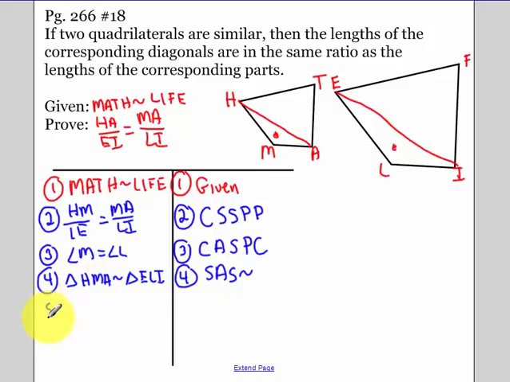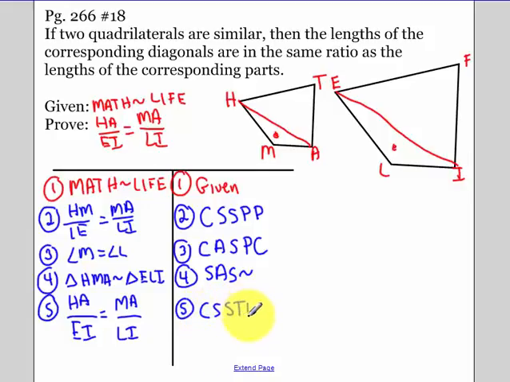Then we can jump to what we're trying to prove. Since HA is in our first one and EI is in our second one, and then we have corresponding sides in our triangles. So corresponding sides of similar triangles are proportional.